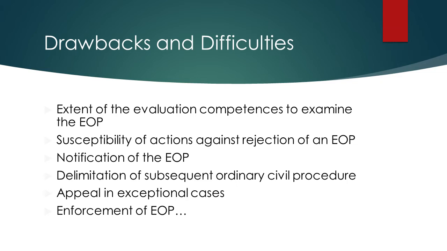So the third drawback of the ruling is how the notification of the EUP is to be done. Notification of the EUP appears to be a much more simple question, but it's not. Notification of the EUP is a very key question, because notification of the initial petition is the key to the following steps.